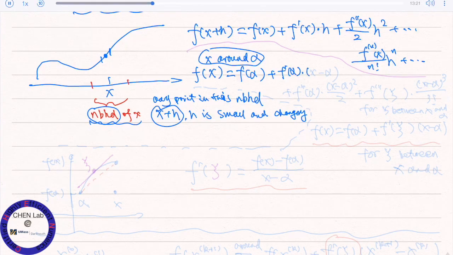X minus alpha. So the next is f double prime alpha times x minus alpha squared over 2. You can put it anywhere, it doesn't really matter. All right, and you keep going.